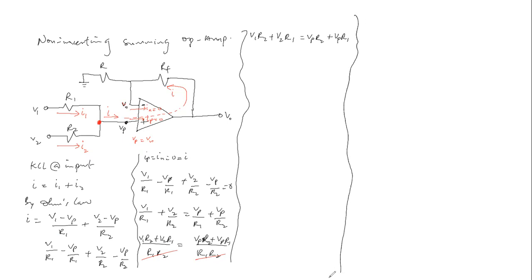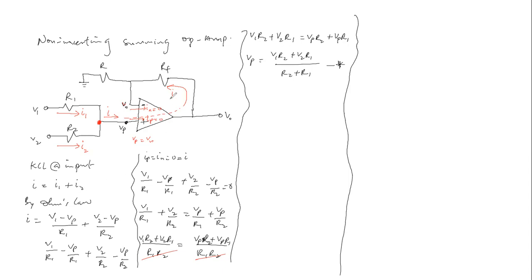So let's try this one. Then V sub P is common here, so V sub P will be the same as V sub 1 R2 plus V sub 2 R1 divided by R2 plus R1. So let's say this is our equation star.